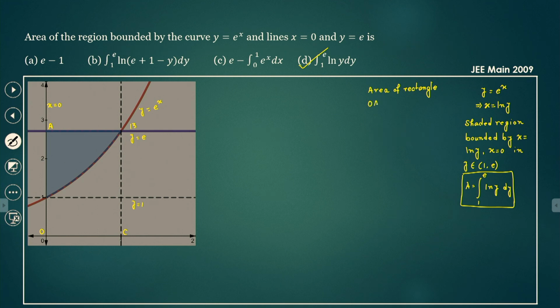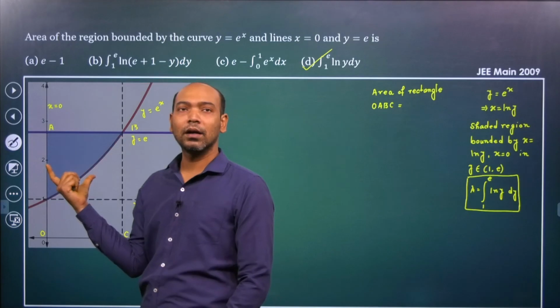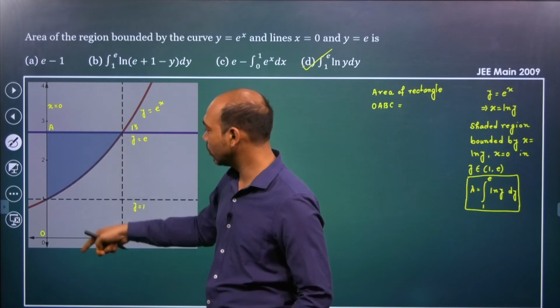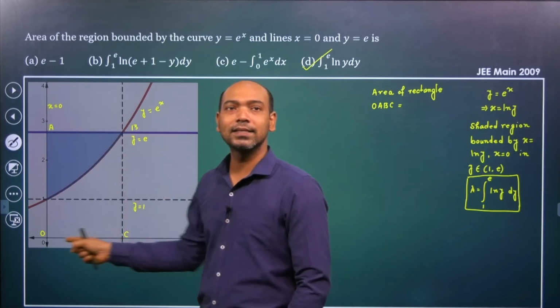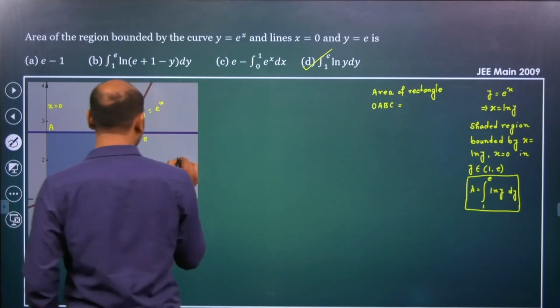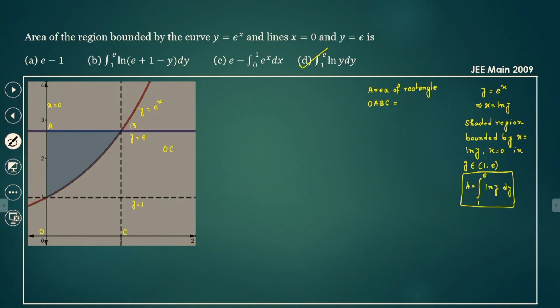That gives me the length and the breadth. This height is e, and this distance OC is 1 unit. So from this figure, OC is 1 unit and BC is e.